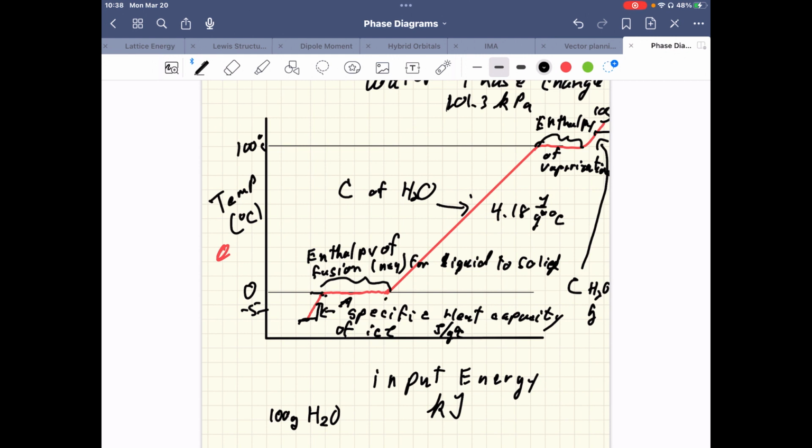Then I'll have the specific heat capacity of water going from 0 to 100, that's 4.18 joules per gram per degree, I need 41,000 joules to get up there. And then finally, next step, I'd need the energy needed to convert it all to gas, and I do the math on that. And then finally, the amount of energy needed to raise the temperature of the gas to 105 degrees or whatever the final was.